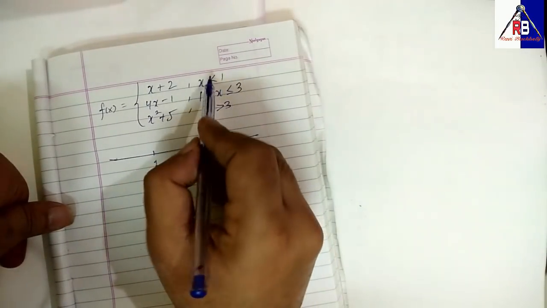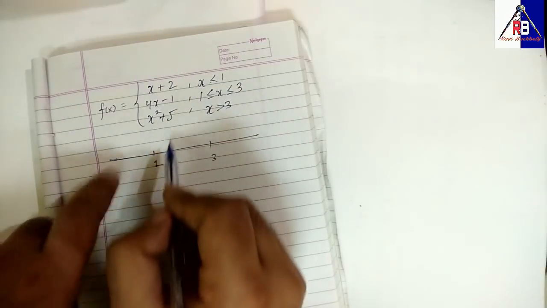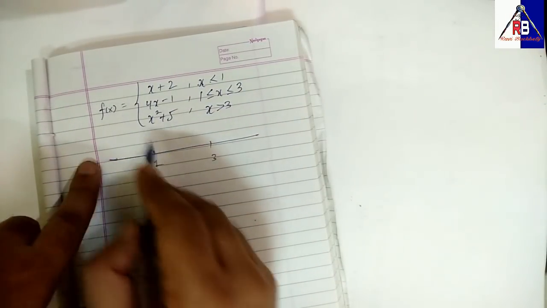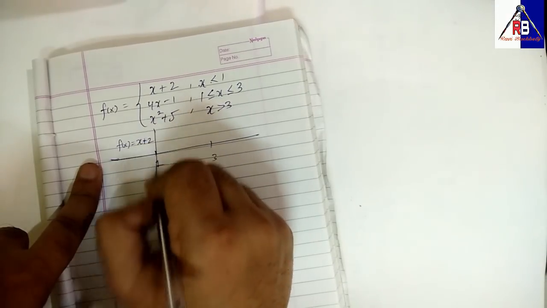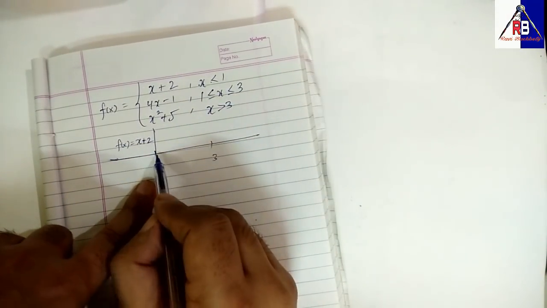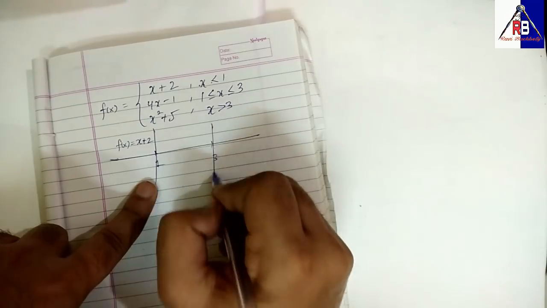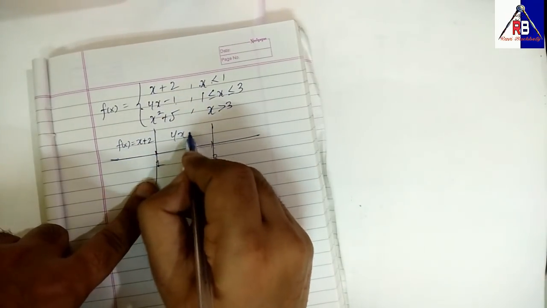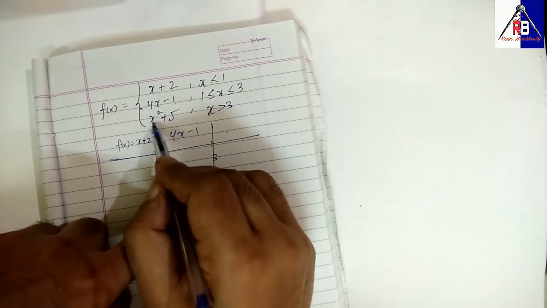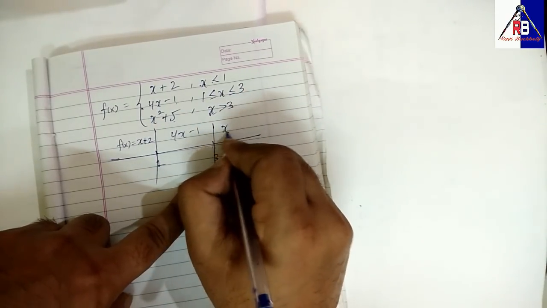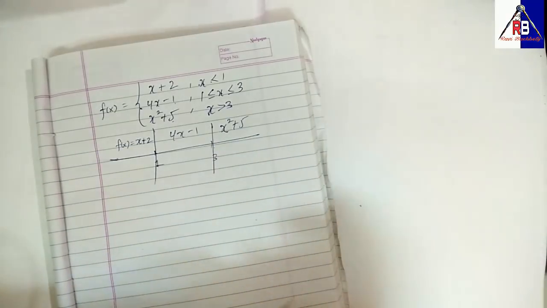It means when x was less than 1, the value of the function was x plus 2. When x was from 1 to 3, the value of the function was 4x minus 1. And when x was greater than 3, the function had the value x square plus 5.